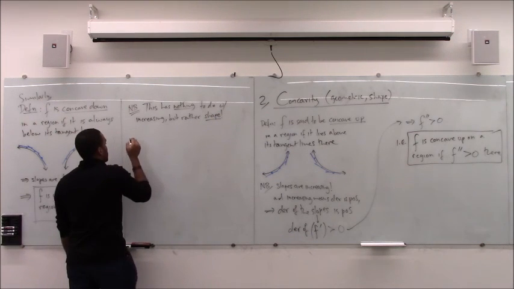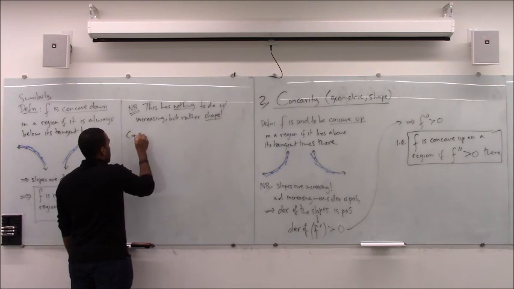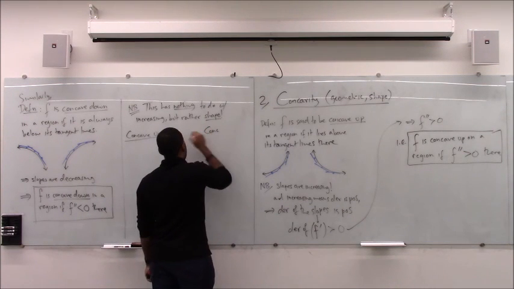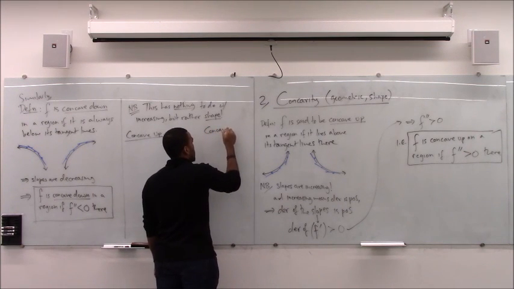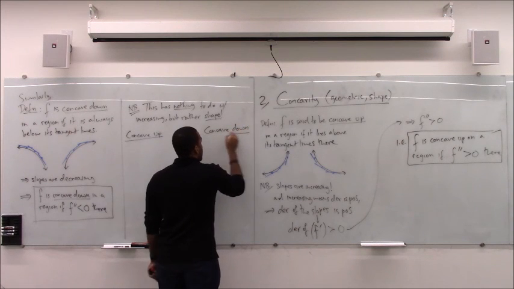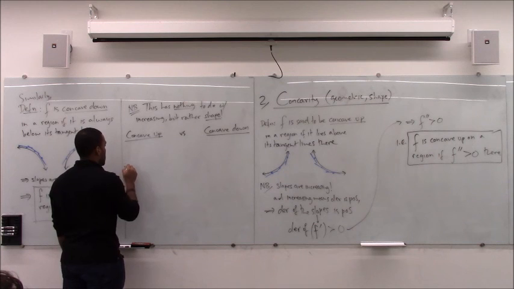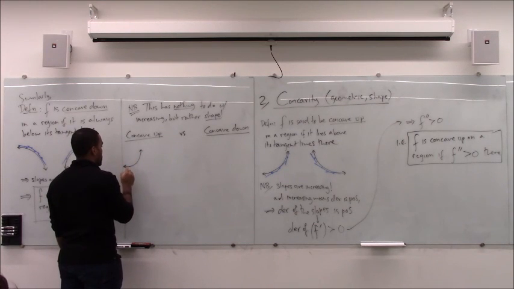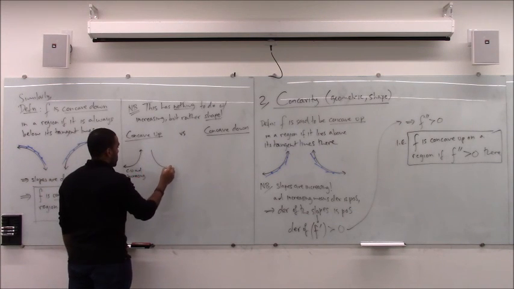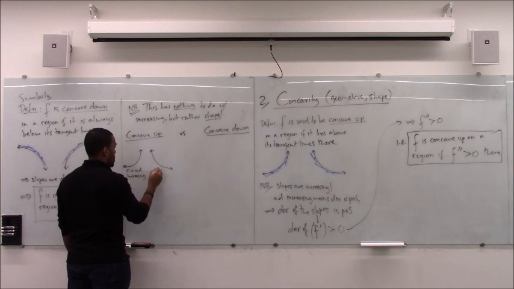Okay. So, in terms of concave up versus concave down, you can be increasing or decreasing in either scenario. So, here it's concave up and increasing. Or I can be concave up and decreasing.